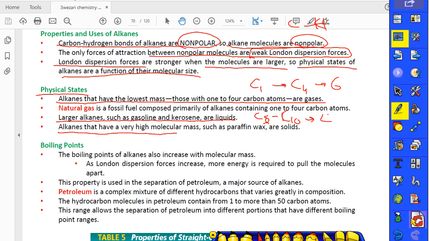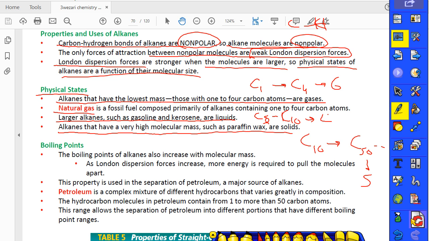If the alkane has very high mass, from 10 going up to 50 like that, these are solids. It's very important: 1 to 4 gas, 5 to 10 liquid, 10 to 50 or more, solid.